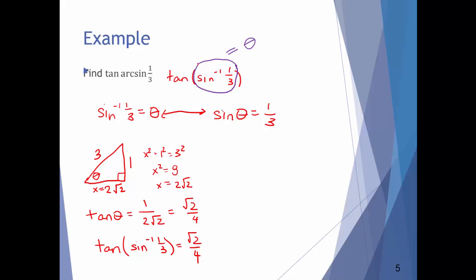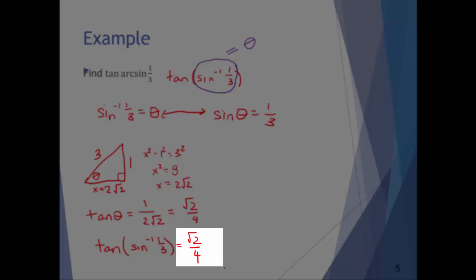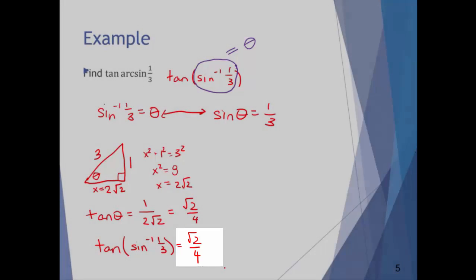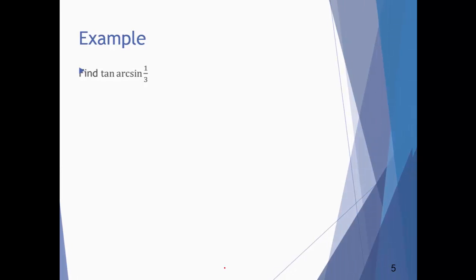Also notice that when you apply both a trig function and an inverse trig function to a value, as a result in your answer, there are neither trig functions nor inverse trig functions that remain. That should always be true. When you're presented with a question that applies both a trig function and an inverse trig function to some input, you should be able to get your answer to have neither of those when you're done.